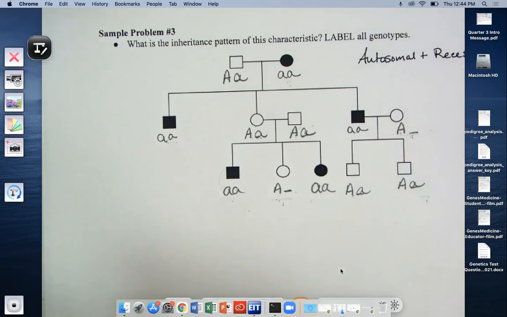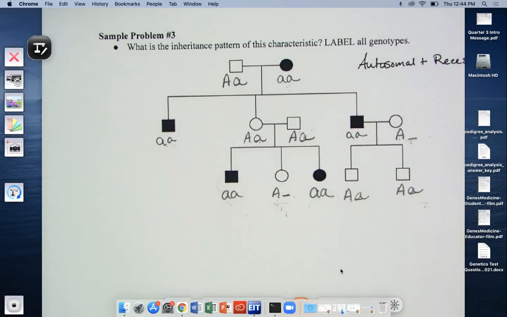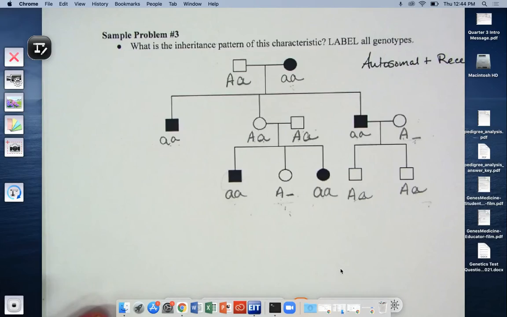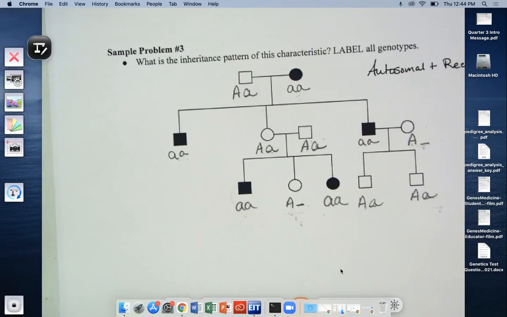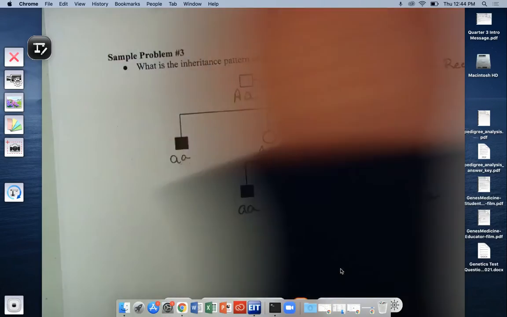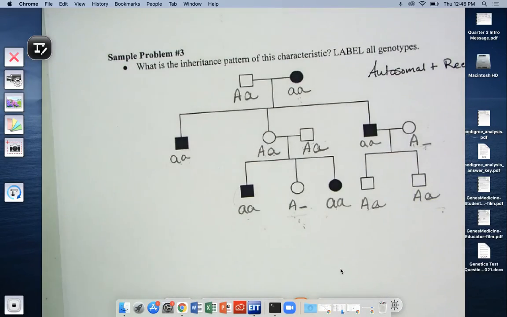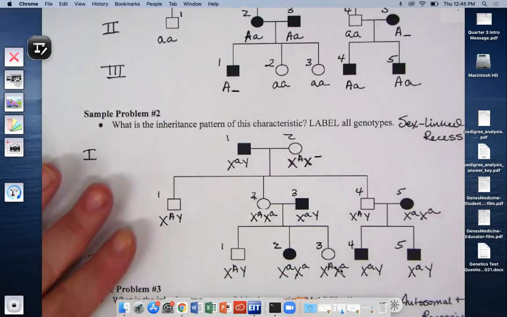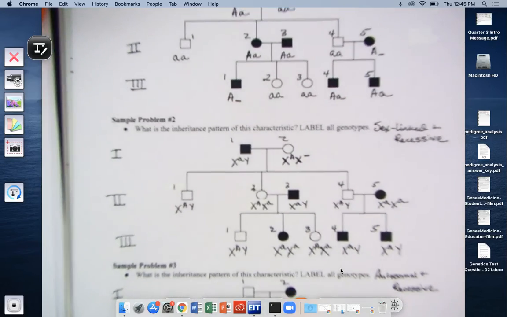And again, then I'm going to ask you about the genotypes. Who has the trait? Who doesn't have the trait? What is their genotype? Which ones can you tell? Which ones do you not know about? Any sort of questions like that. Now, I know I made this into 3 different pages. So let's see if I can find my one that you can see completely filled out. And I will zoom out for you.